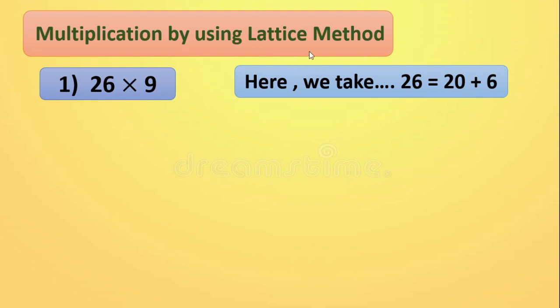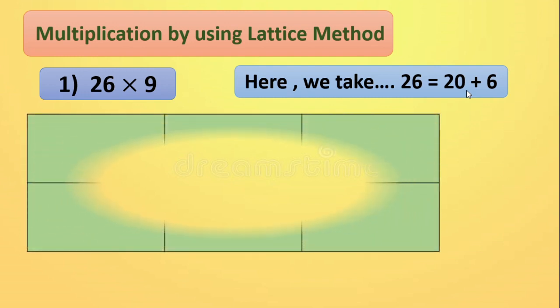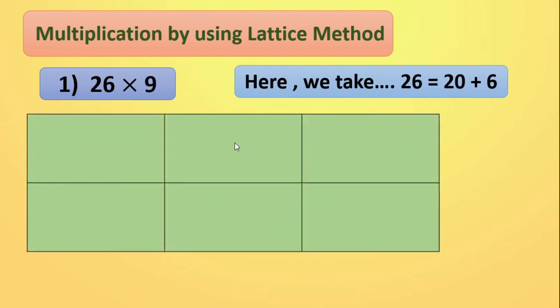In the lattice method we do like this. We will make a table. Here we will write 20 and 6, multiplied by 9. So 9 we will write here with the multiplication sign. Did you remember? This we have done already in the first term.